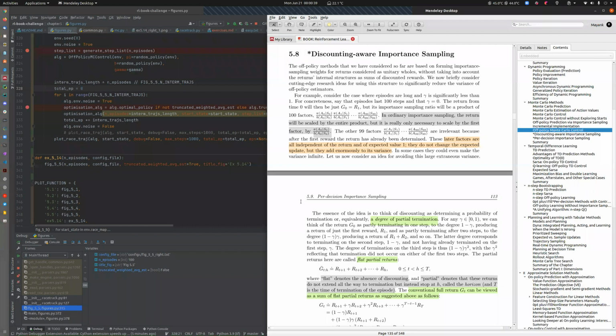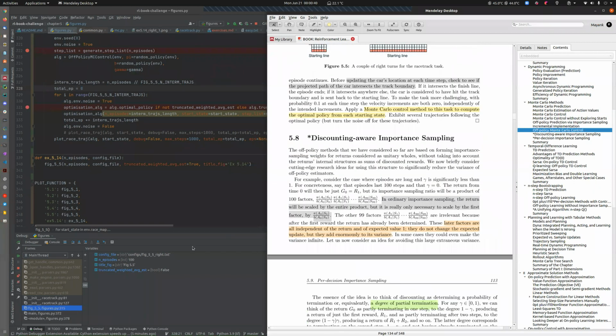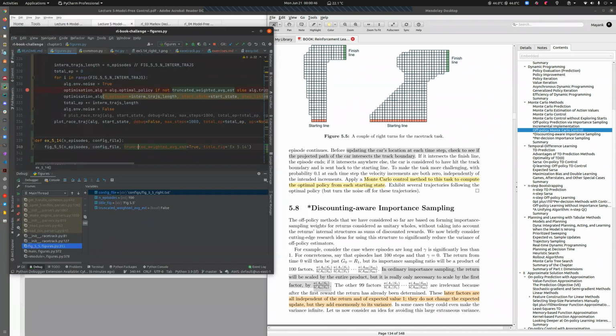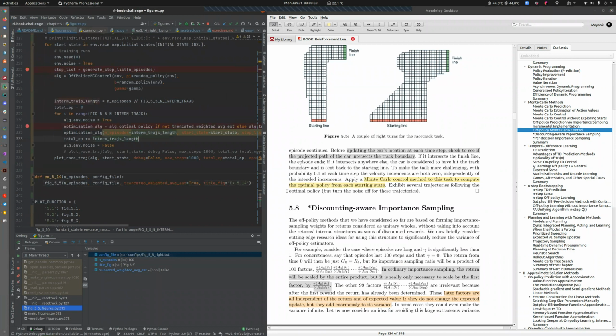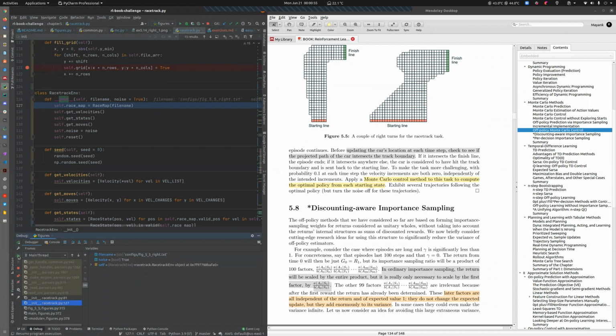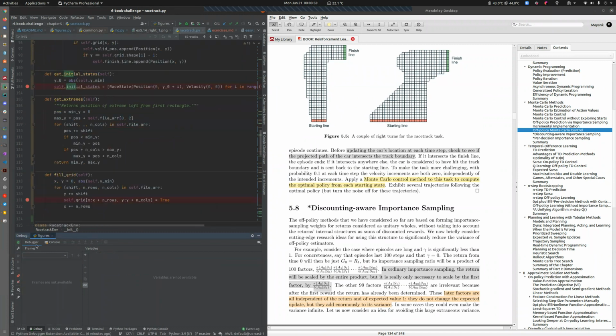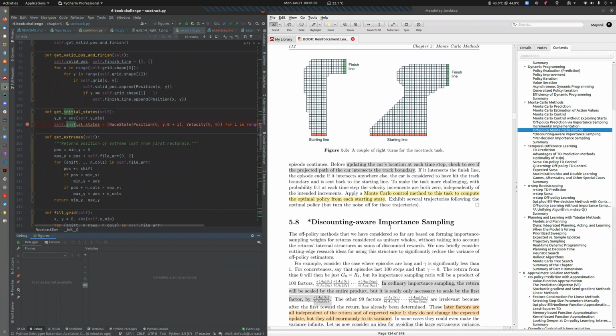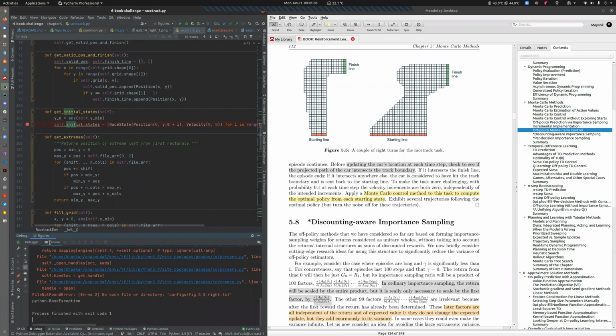Let me get back to section 5.8 and try to finish this. Yeah, this will try to execute.